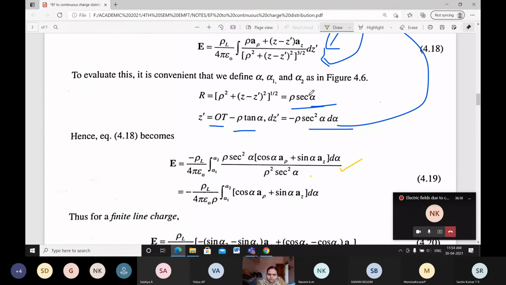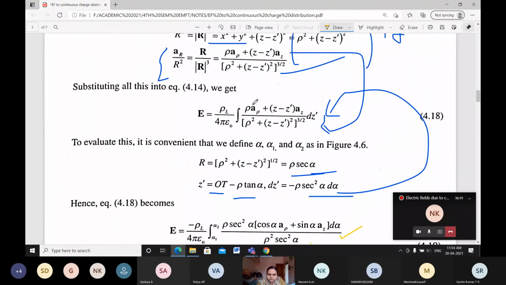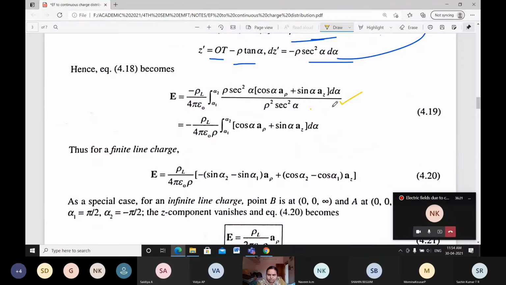Substituting each of these in the equation, I will be getting the equation. Then E equals minus rho L divided by 4 pi epsilon naught. This rho is taken out here, this part will be cancelling off, then the remaining is cos alpha a rho plus sin alpha az into d alpha.